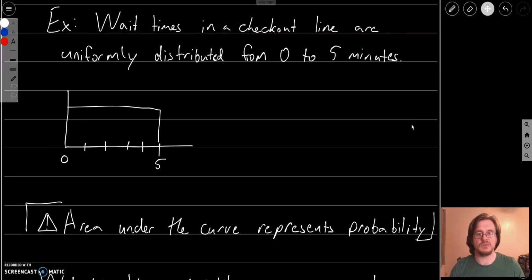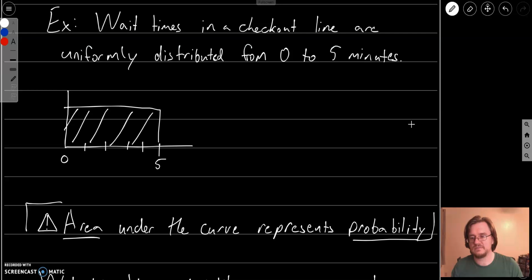And we're going to use the following principle a lot in this chapter. We want area to represent probability. So when everything is equally likely, we want this height to have a very particular value, such that the area of this rectangle represents the probability.